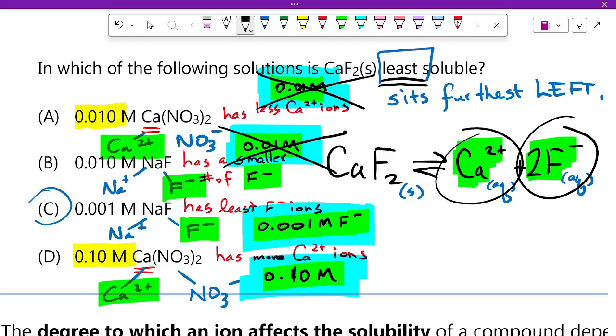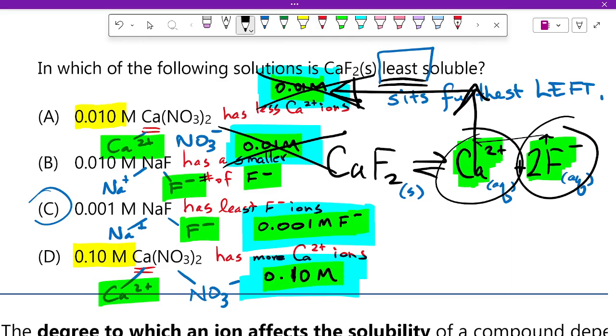Probably the more one. Because if you increase this more, it shifts to the left more. If you increase this a tiny bit, it shifts to the left a tiny bit. Doesn't that make sense?